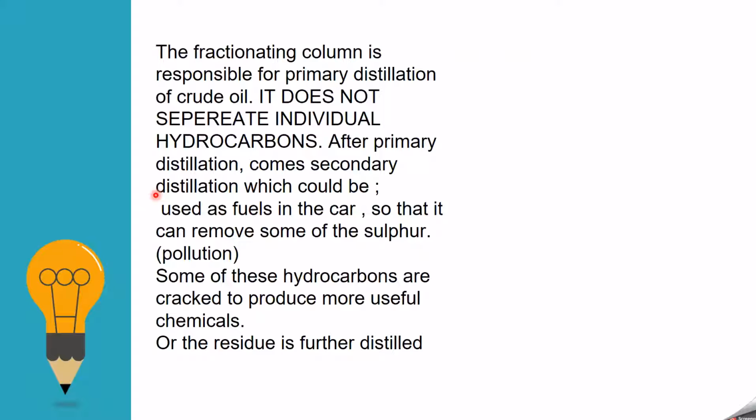Another type of secondary distillation would be cracking of the hydrocarbons, so that they go from long chains to smaller chains, which will be much more useful. Or you can further distill the residue.